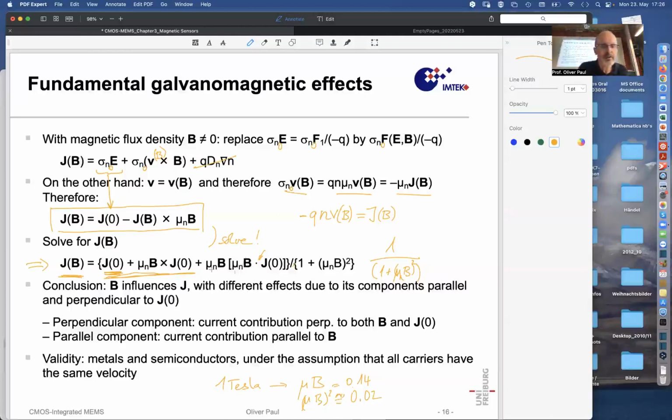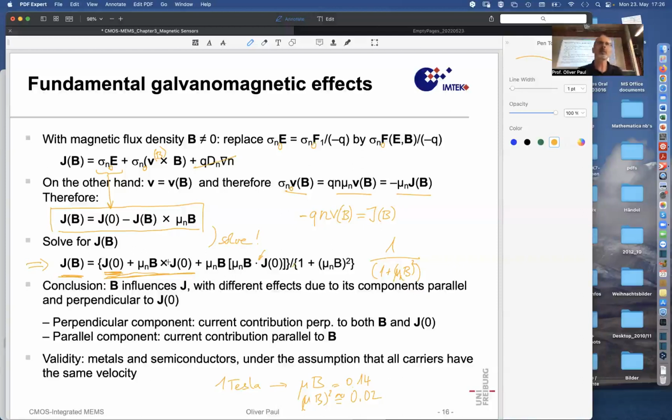And so this is quite small. The same for this term. It's J0 multiplied essentially by 0.02 and then some directional information. It's a small effect. Whereas here we have something that is 0.14, 14% of the original J0 goes now in this direction. That's a major effect.